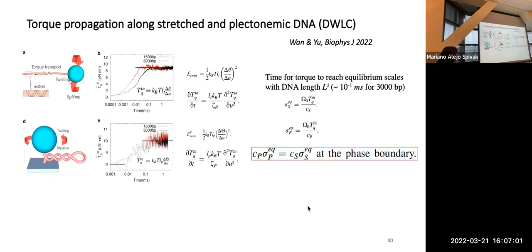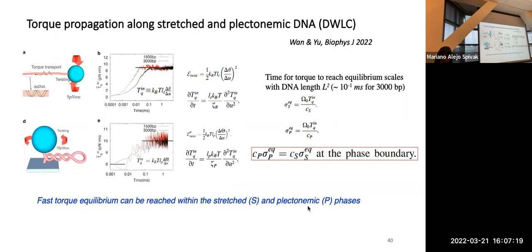The thing is, at the boundary of these phases they should be in equilibrium, but inside the phase the relaxation time is pretty fast. Right now we just look at 100 to 1,000 base pair distances, and we see that fast dynamics happen within an individual phase, but the slow thing we suppose is at the boundary.